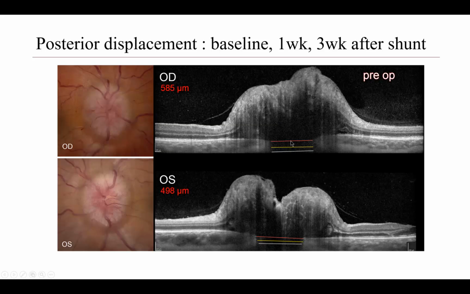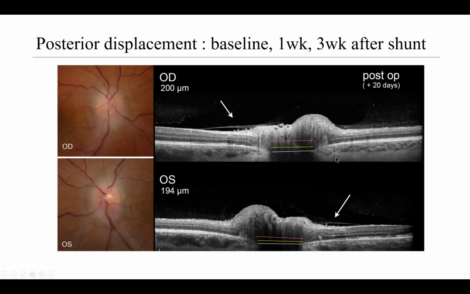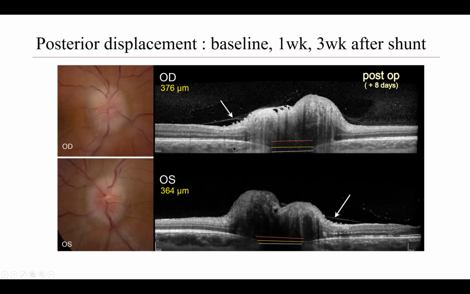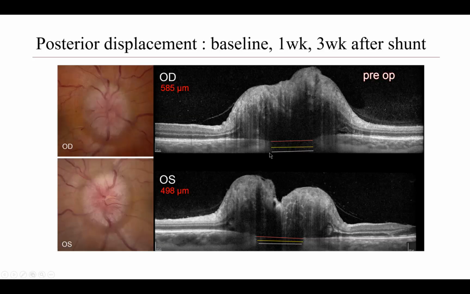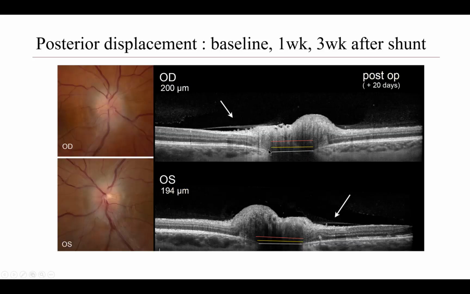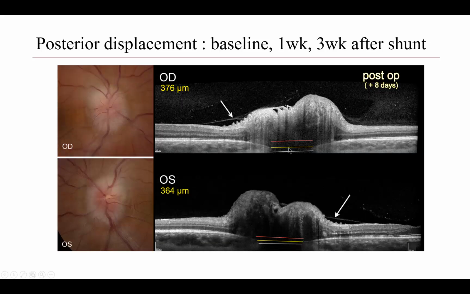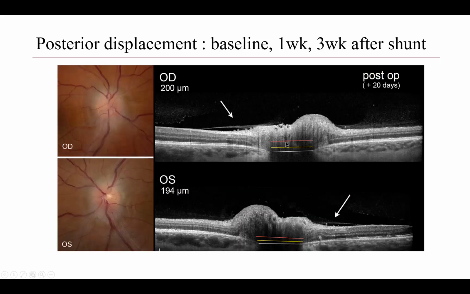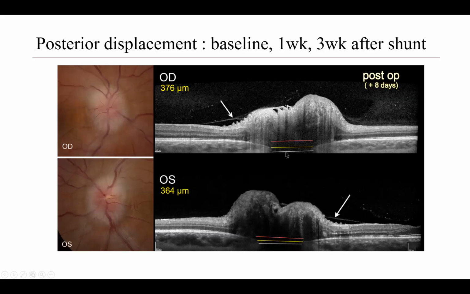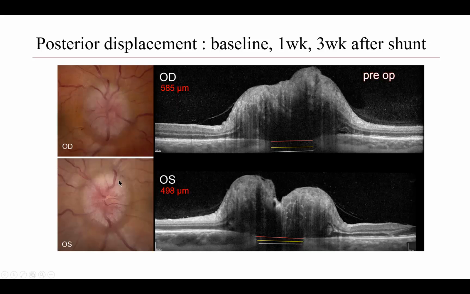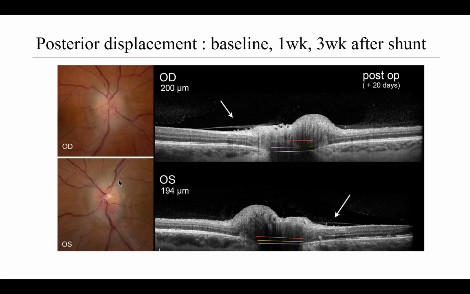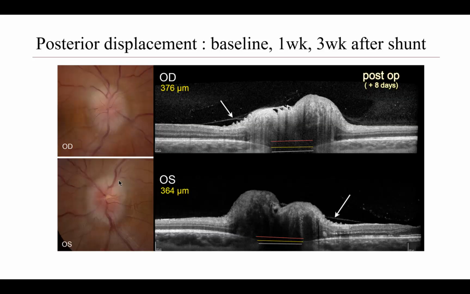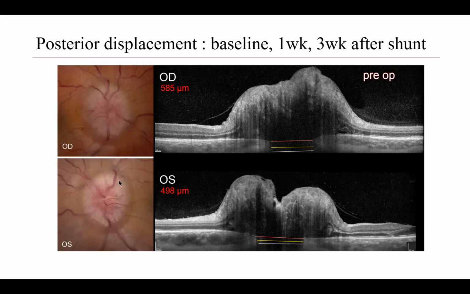But at the same time, you'll also notice that the configuration of the peripapillary RPE basement membrane layer and the margins of the basement membrane at the BMO gradually are displaced posteriorly, baseline being red and the white one being 3 weeks out. Now, obviously, you don't need an OCT to tell you that this patient's papilledema is getting better quite quickly.